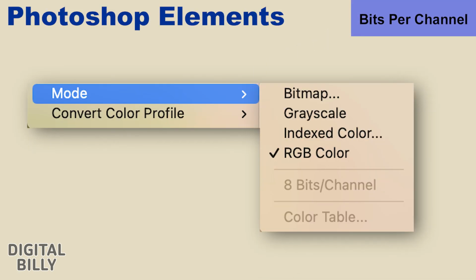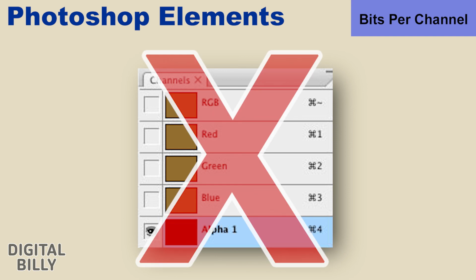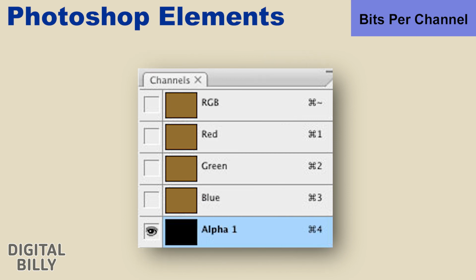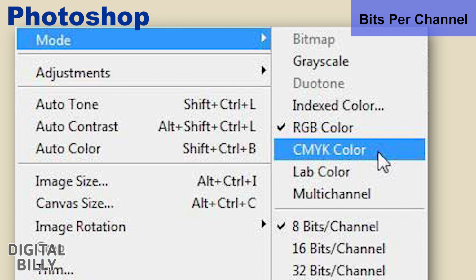With regards to bits per channel, Photoshop Elements only shows 8 bits per channel in the mode. And it's noteworthy that Photoshop Elements also does not have access to its channels. There just is not a channels window, so you can't look at the separate image channels, nor can you have extra alpha channels. Whereas with Photoshop, it has 8 bits per channel, 16 bits per channel, and 32 bits per channel capabilities.